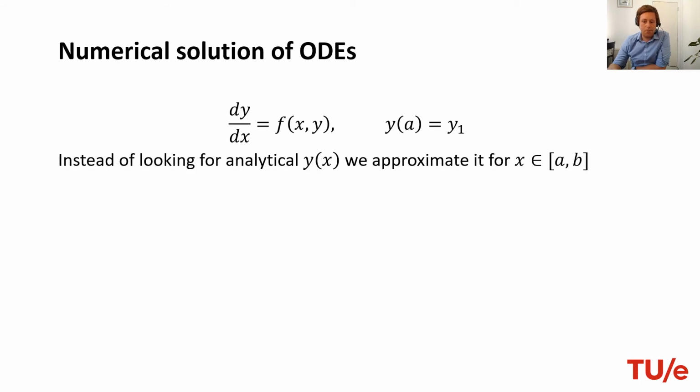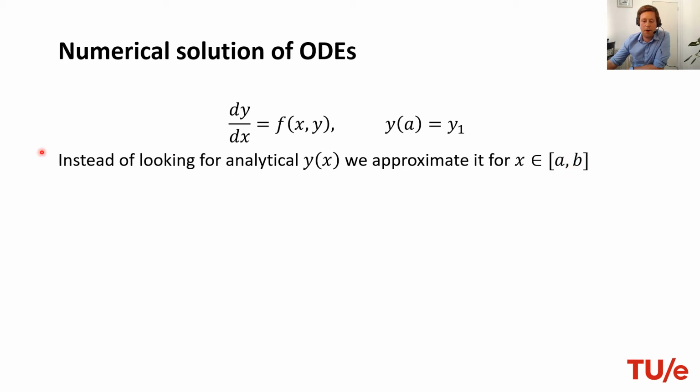Turning to the numerical solution of an ODE, or an initial value problem, instead of looking for an analytical function y of x, which satisfies this equation along with this initial condition, we approximate this analytical function using discrete points for an interval x going from the initial value of x, here is a, where a is quite often just simply equal to 0, up until a pre-specified time horizon b.